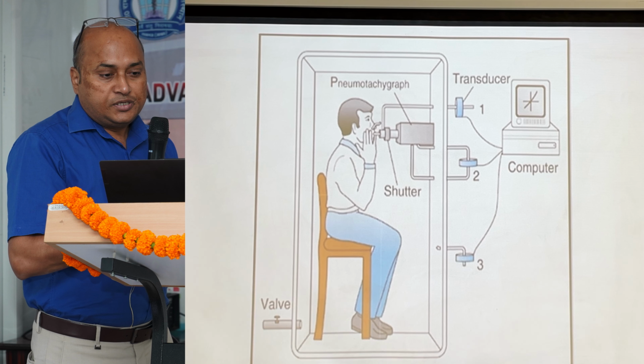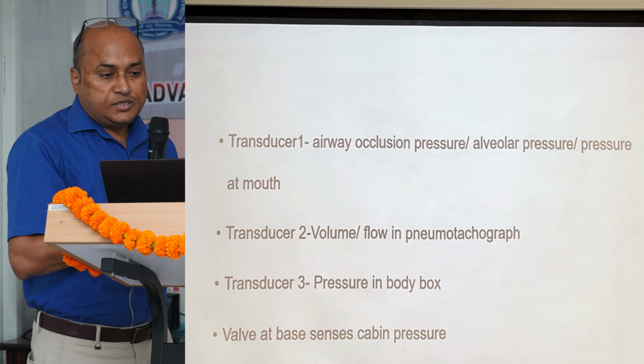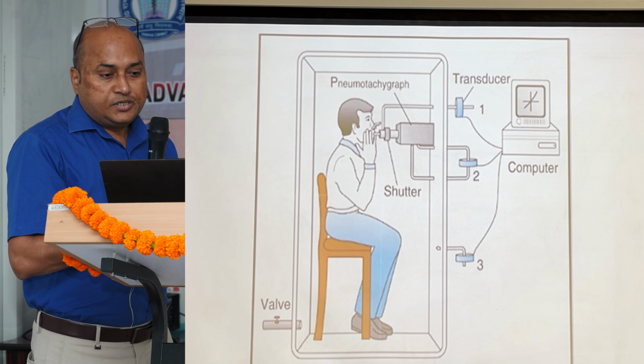What happens while this procedure is going on? There are three transducers. Transducer one records the pressure change at the mouth. Once the patient breathes against the closed shutter, a pressure change occurs in the mouth, and that pressure change corresponds with the alveolar pressure.